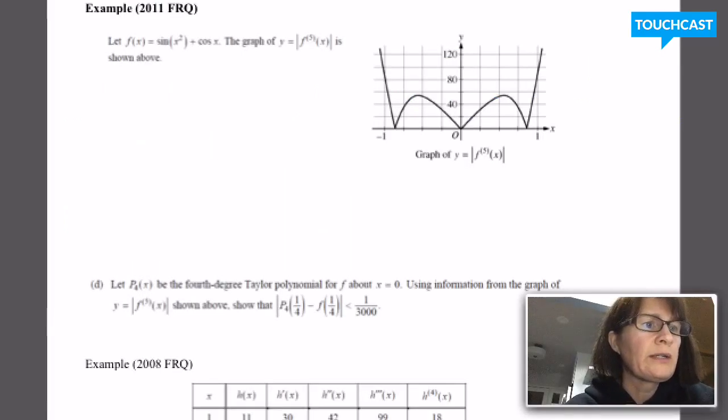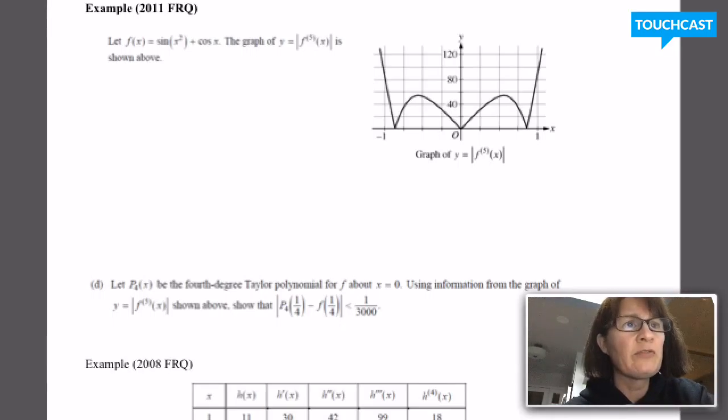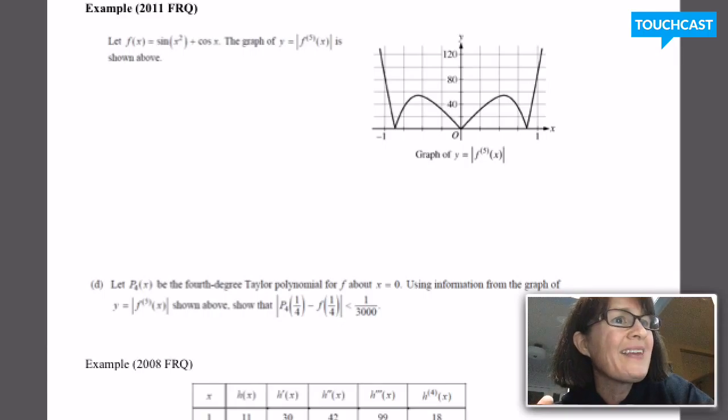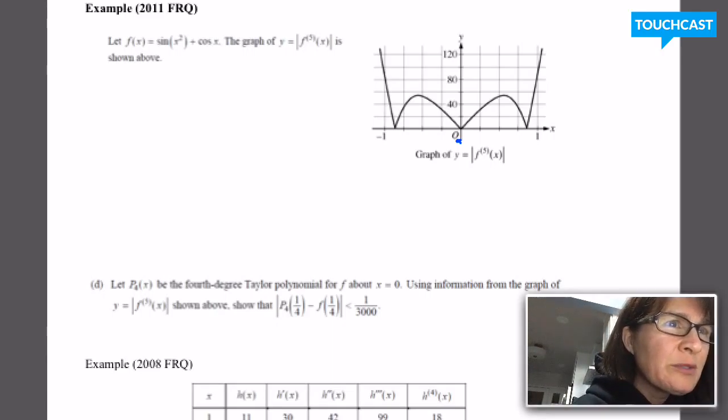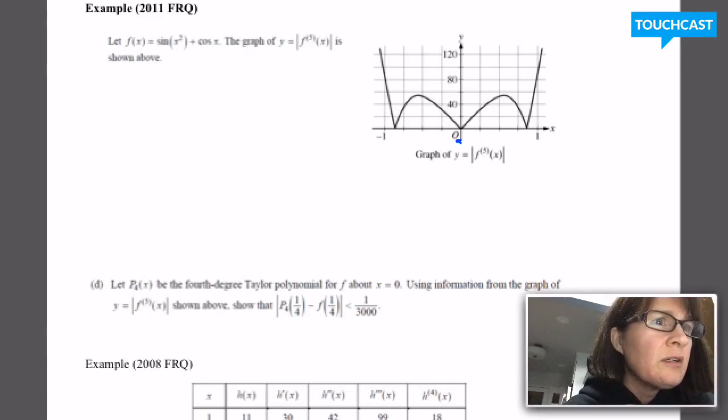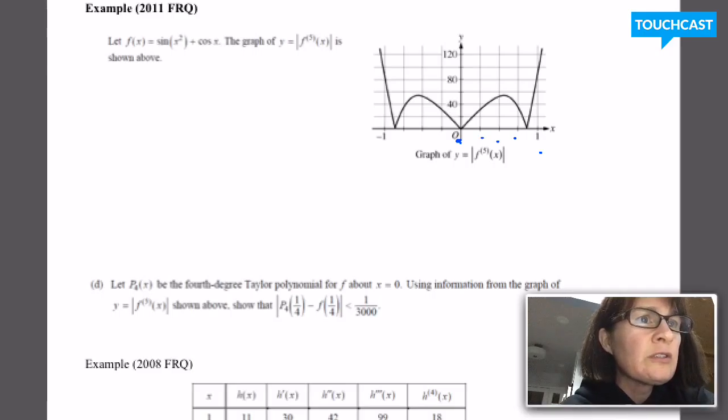Okay, so here's what we want to do. We want to come to this picture and we say, okay, this is the fifth derivative of f. I am interested to know what the biggest value of this derivative is on the interval from 0, which is here, to 1/4. So I have to stop and figure out where x equals 1/4 is on this graph. Well, here's 1, and this is split into 1, 2, 3, 4 sections.